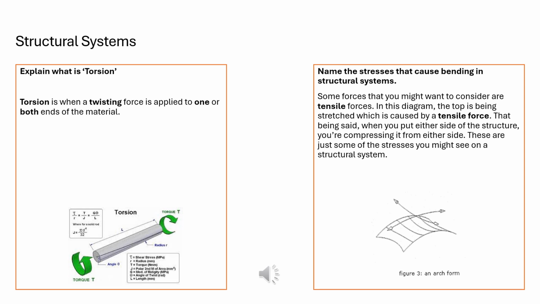So there are some of the stresses you might see on the structural system. This diagram explains that. If your hands were at each end of that material, that would be compressive, but where the arch occurs at the top, where it's being stretched, that is caused by a tensile force.